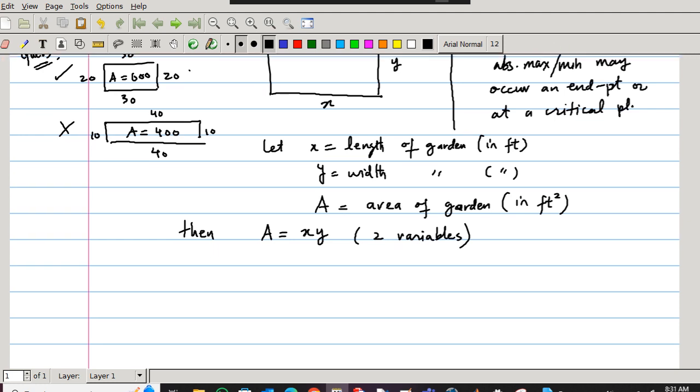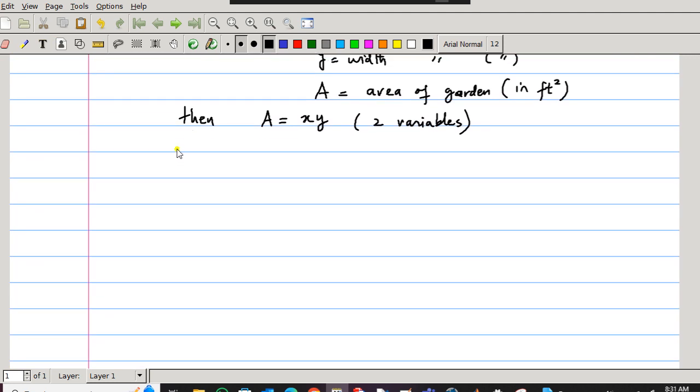So basically, the perimeter of the rectangle, that is the outside length of the rectangle, the perimeter of the garden, is 2x plus 2y. Two sides of x and two sides of y. So x plus x, y plus y. And that is equal to 100, which is given.